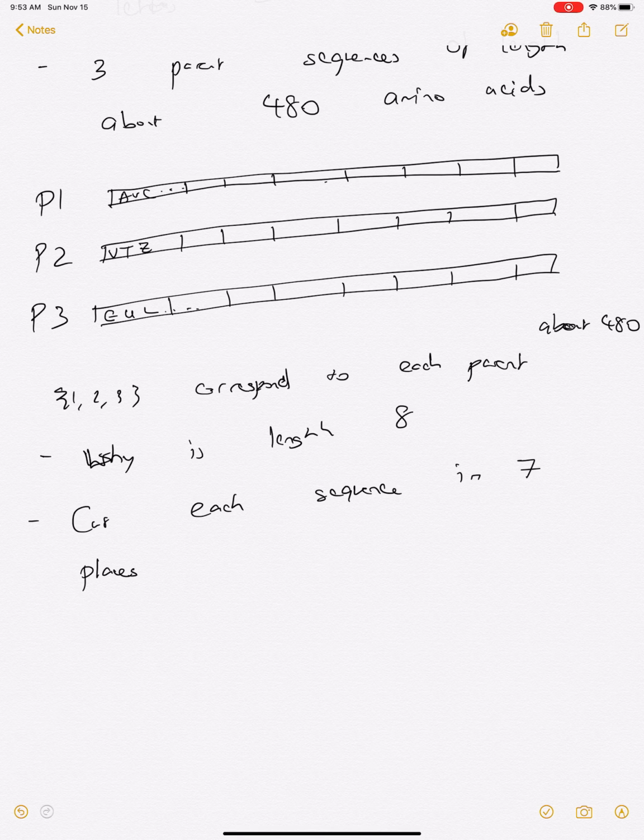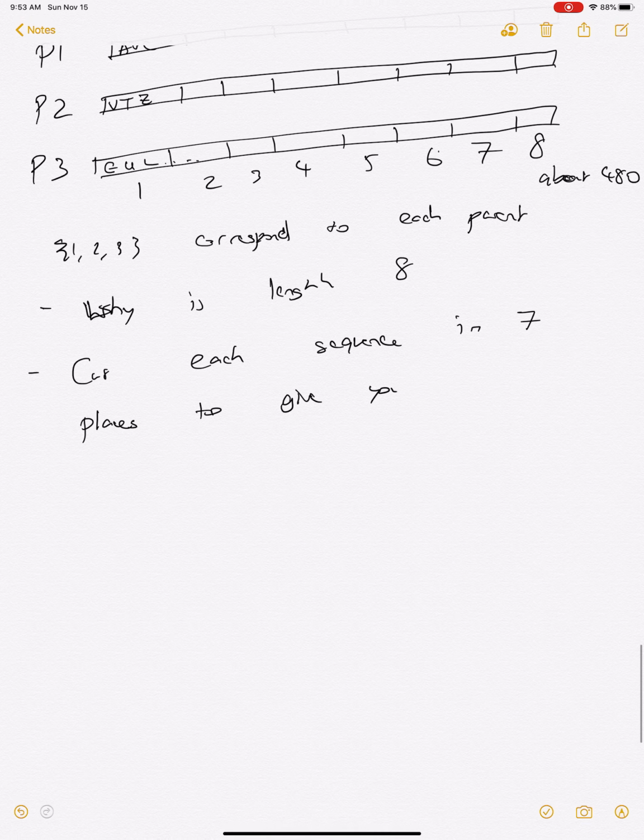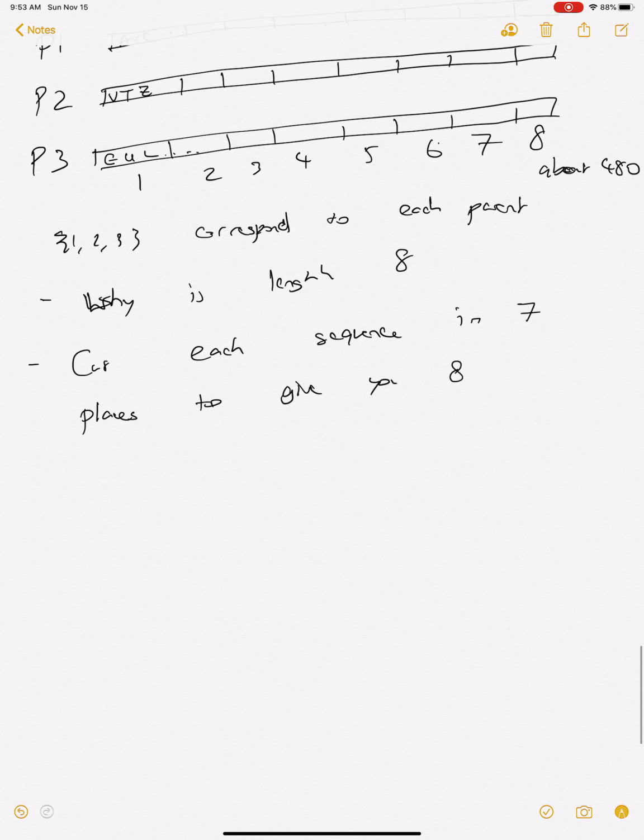You cut each sequence in 7 places, to give you 8 subsequences for each parent. I'll just call these 1, 2, 3, 4.